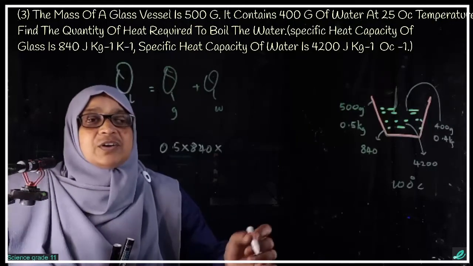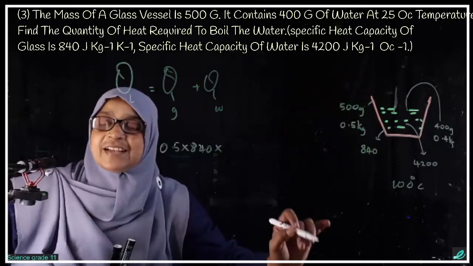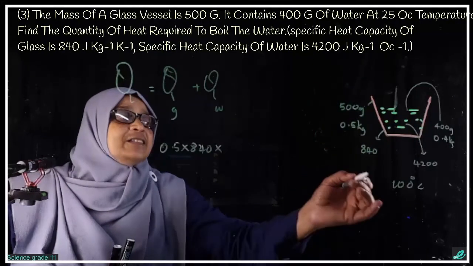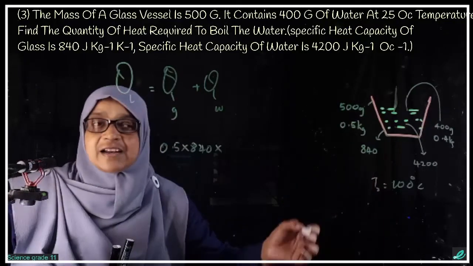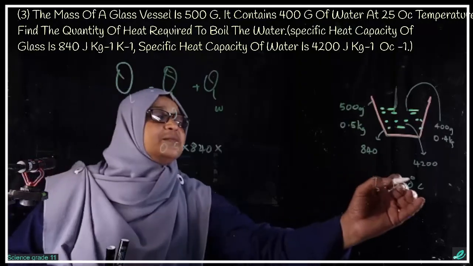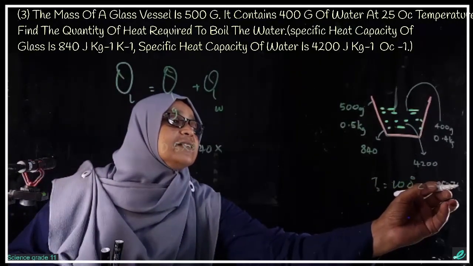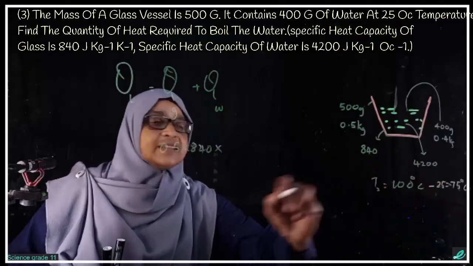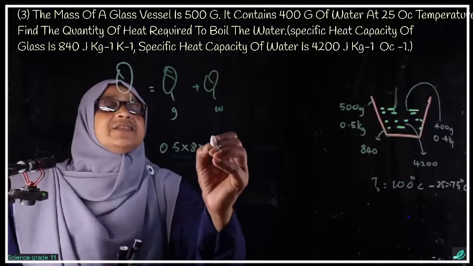We know the initial temperature is 25 degrees Celsius. The final temperature is 100 degrees Celsius. Then 100 minus 25 is 75 degrees. So the temperature change is 75 degrees.